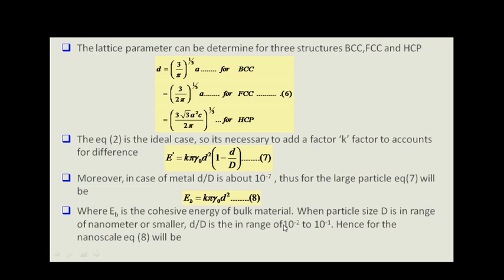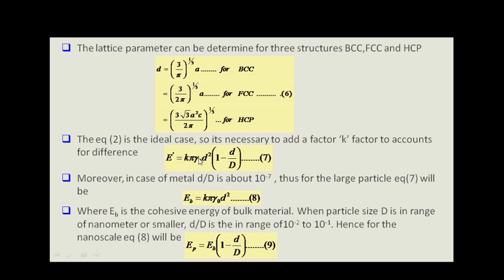But if the particle size d is in the range of a nanometer or is very small, this factor becomes significant because it is in the order of 10 to the power minus 2 to 10 to the power minus 1, and in this case you cannot neglect it. So equation 7 would be in the shape of this one. Now the E dash I am replacing by EP, that means the nanoparticle, and the rest is as it is. So this is the very first part of equation 7.